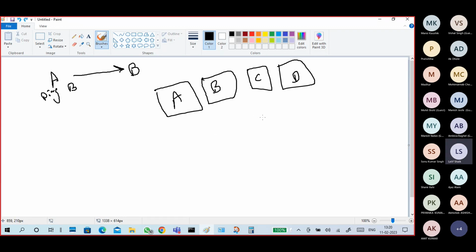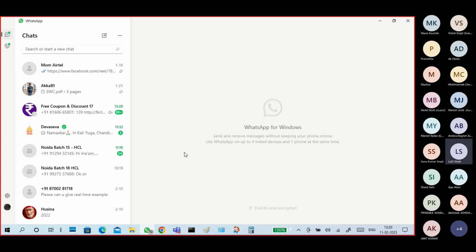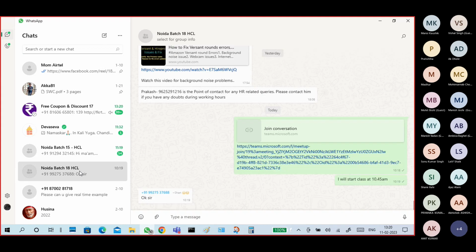Like in WhatsApp, we can send a message individually, right? Then it's unicast. And people who are in the WhatsApp group, if I put a message here, the message goes to the people who are in the group.